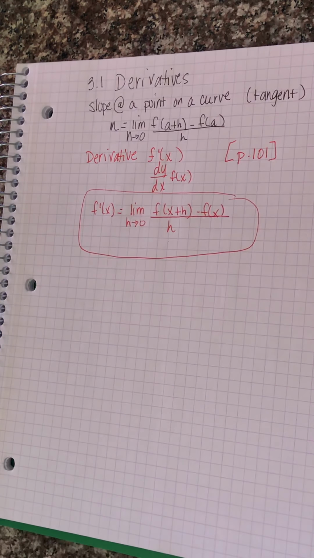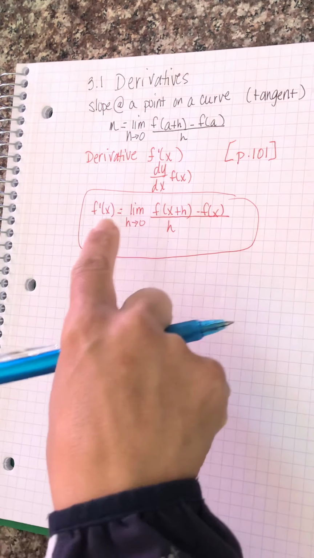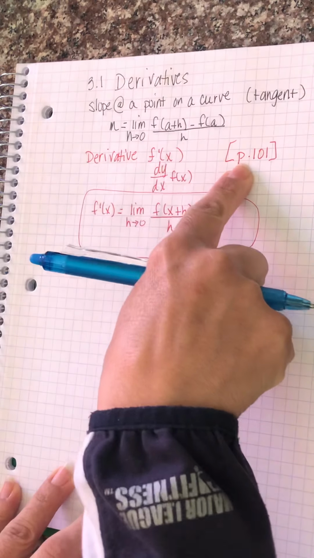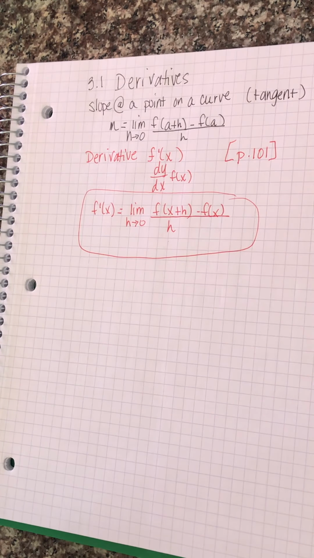So now it has a more specific name, and it is called a derivative. Little side note, we talked about continuity and the right-hand limit equals the left-hand limit equals the exact value, and that's continuity. Well, derivatives don't exist everywhere, and that is because not all functions are continuous.